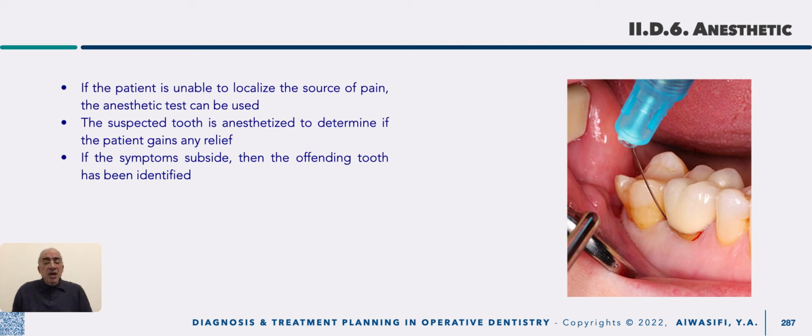Otherwise, if I treat the wrong one, I will complicate the condition rather than solving the patient's problem. That's why we need what is called the anesthetic test. What is meant by the anesthetic test? It is a localized injection to certain areas, and you search for the tooth at which the pain disappears. That means that the tooth is responding to local anesthetics, and that this is the tooth sourcing the pain, the offending one that I should start with.